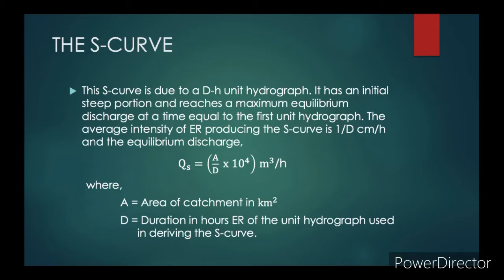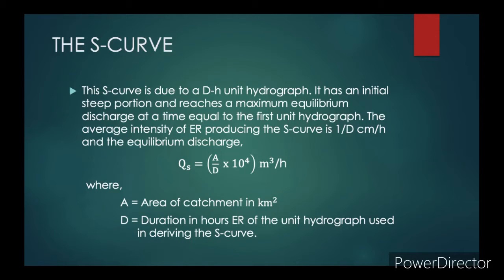It has an initial steep portion and reaches a maximum equilibrium discharge at a time equal to the base time of the first unit hydrograph. The average intensity of effective rainfall, E_R, producing the S-curve is 1/D centimeter per hour.